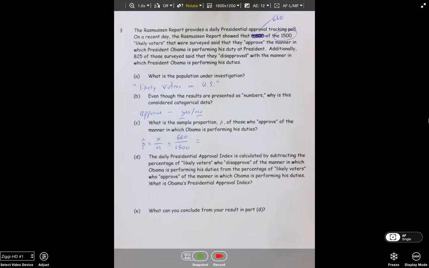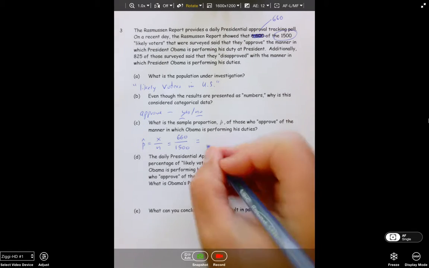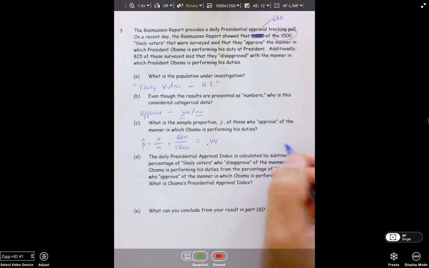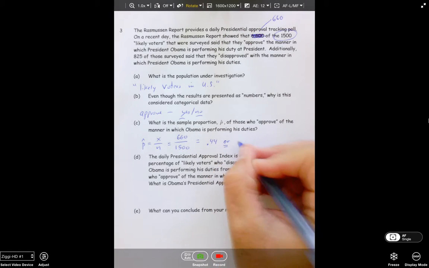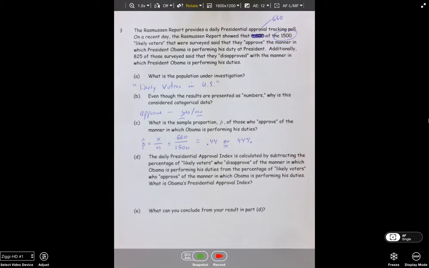I think it's 0.44, which is 0.44 if you like decimals, or 44% if you like percentages. If you like fractions, it's 660 over 1,500. I prefer percentages. I think that most naturally rolls off the tongue. But it's fine. If you like decimals, 0.44. If you like fractions, 660 out of 1,500.